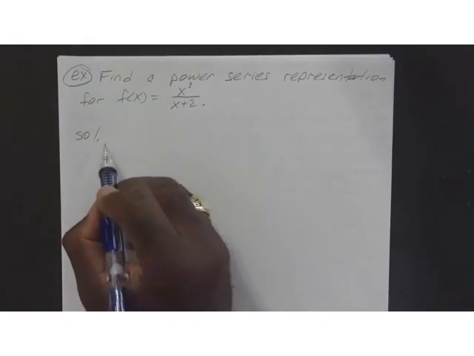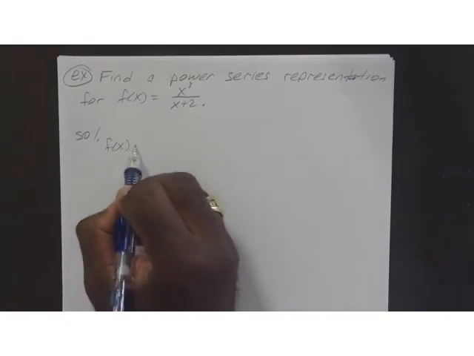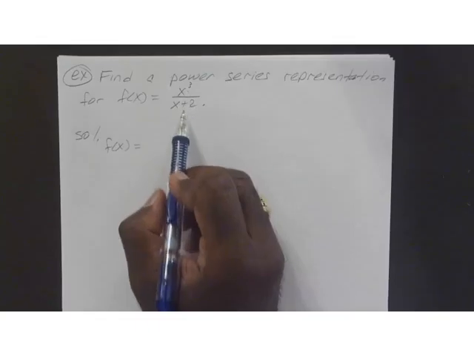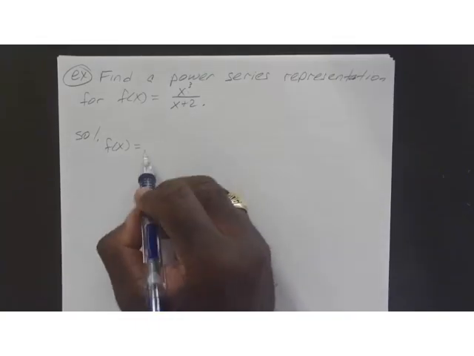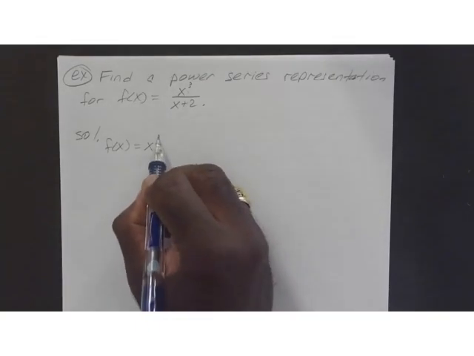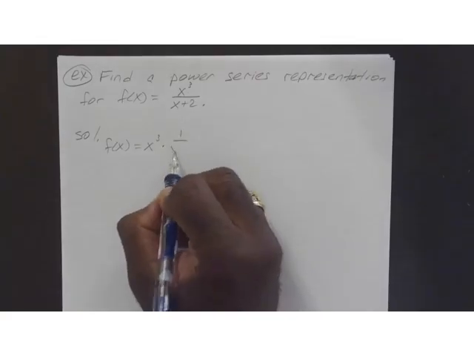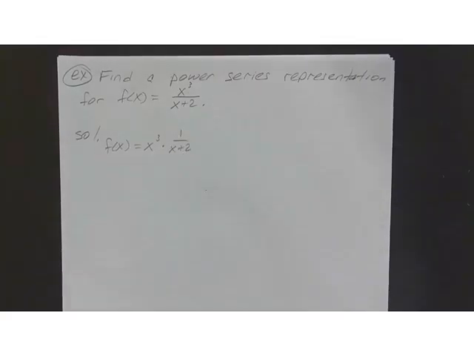Okay, so we have f of x is equal to x to the third power over x plus 2. Let's rewrite that as x to the third power times 1 over x plus 2.